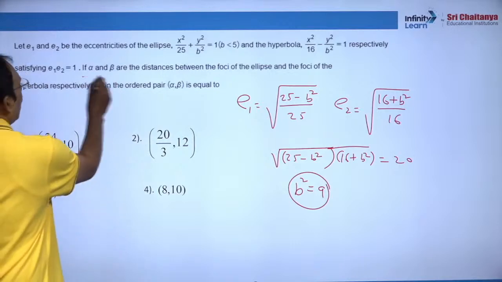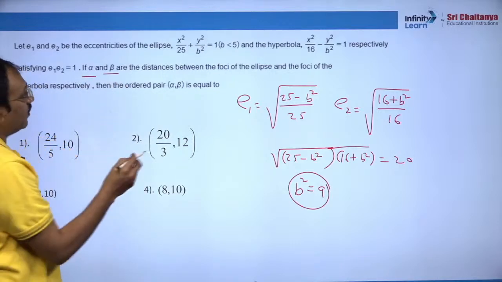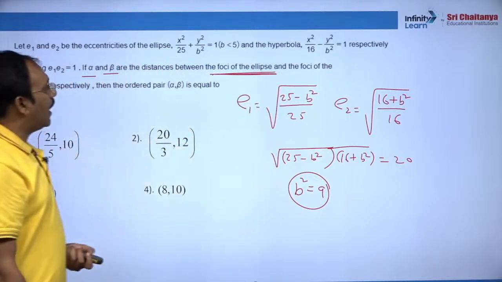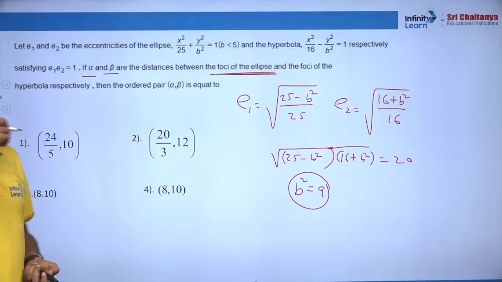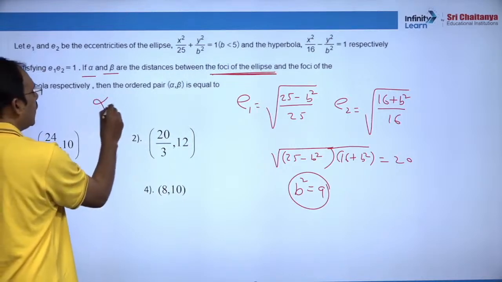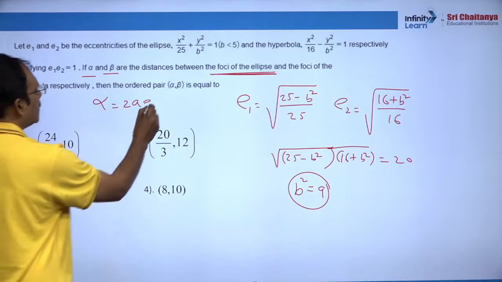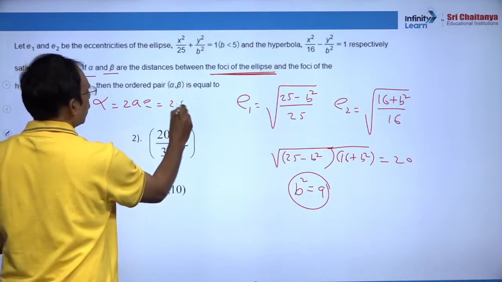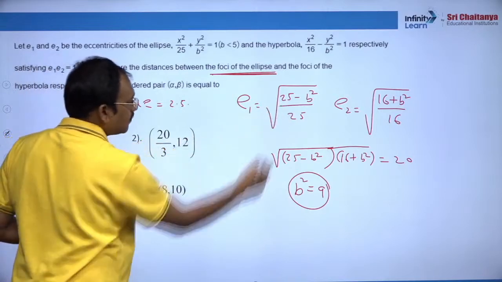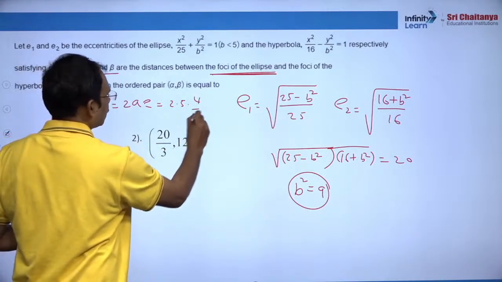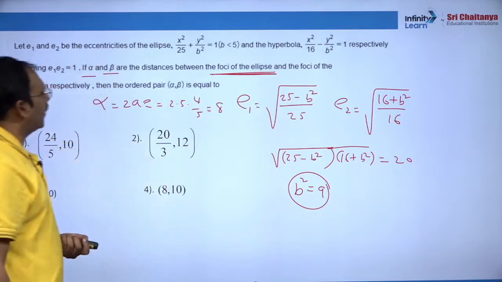Now, alpha, beta are the distances between the foci of the ellipse and the foci of the hyperbola respectively. 2AE is the distance between the two foci. For this ellipse, A is going to be 5, and E, if you put b square is 9, you will get 4 by 5, so alpha is 8.